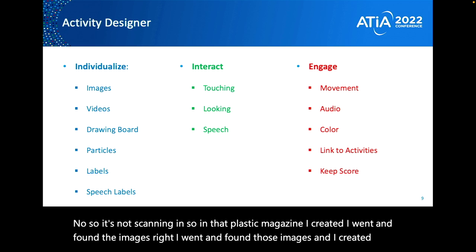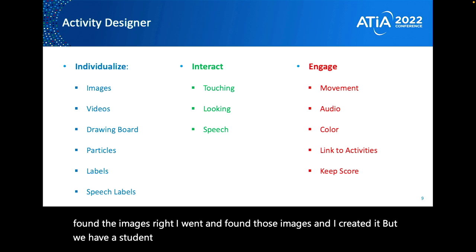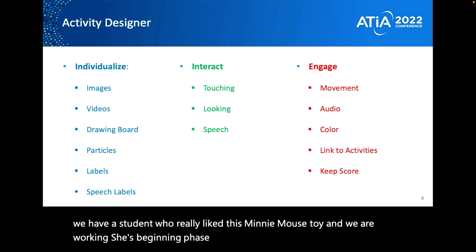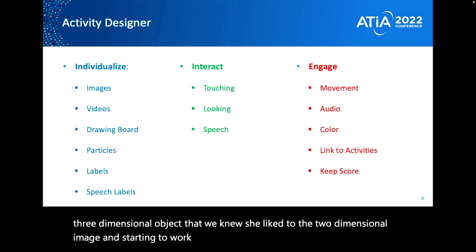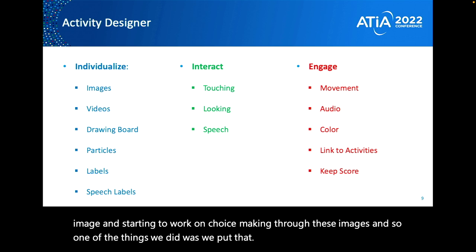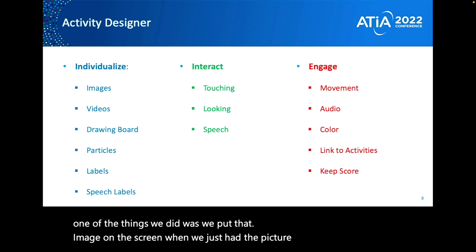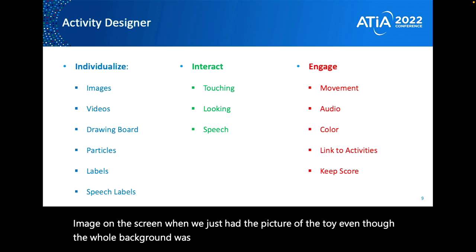But we have a student who really liked this Minnie Mouse toy, and she was beginning Phase 2, bridging the gap from the 3-dimensional object that we knew she liked to the 2-dimensional image and starting to work on choice making through these images. One of the things we did was put that image on the screen, and when we just had the picture of the toy, even though the whole background was black, we found that she wasn't engaging with it.